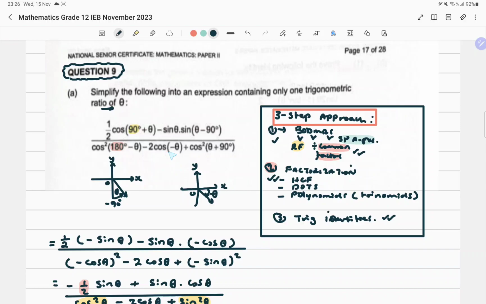Okay, and then plus, again in bracket, cos 2 plus 90. Okay, that is squared. And then we put the last bracket. So if you don't do this right, you will run into some serious problems.